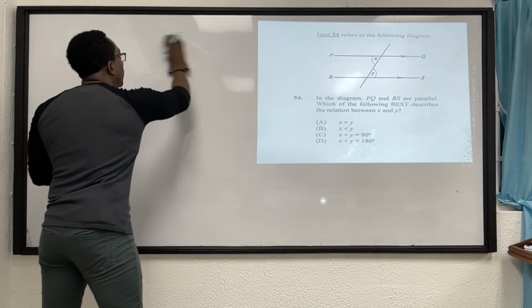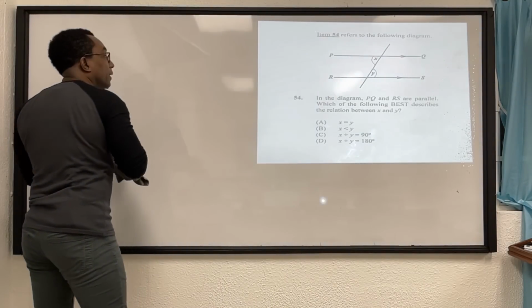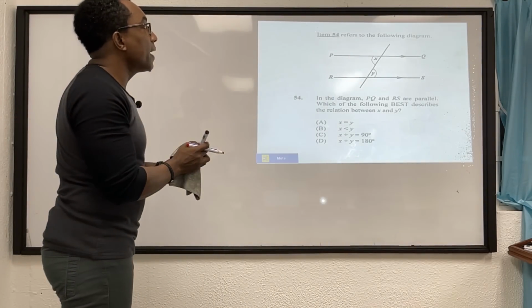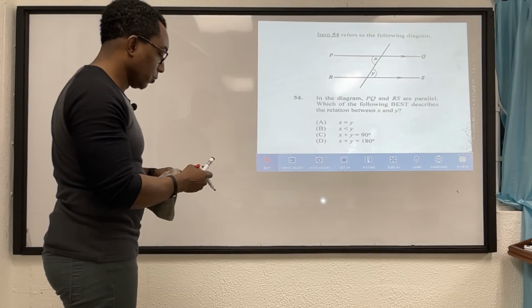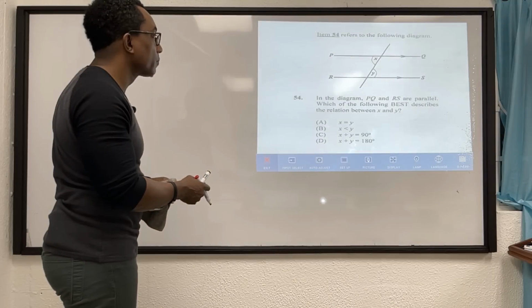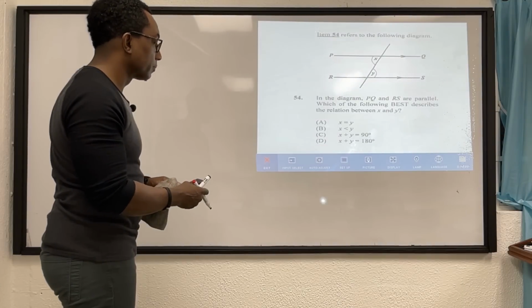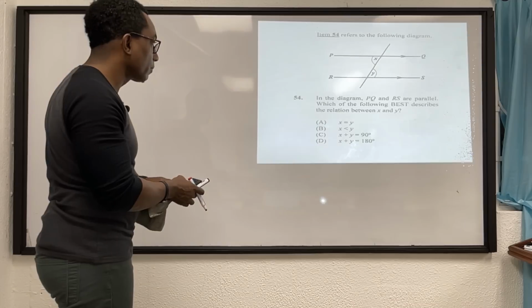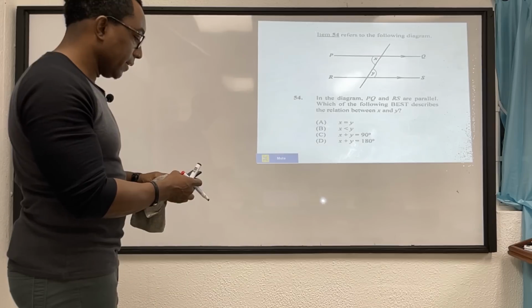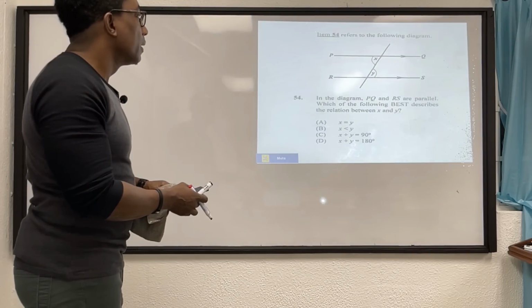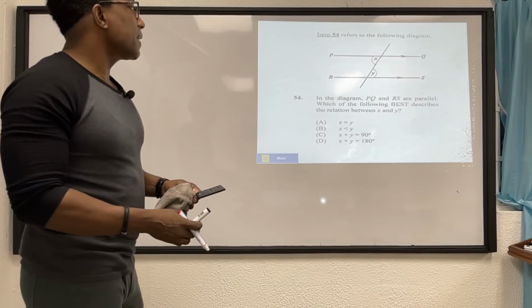So 54, it states here, in the diagram, item 54 refer to the following diagram. So it states here, in the diagram we have here PQ and RS are parallel.